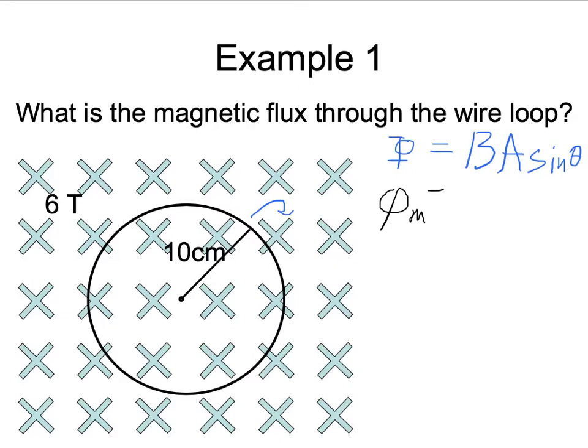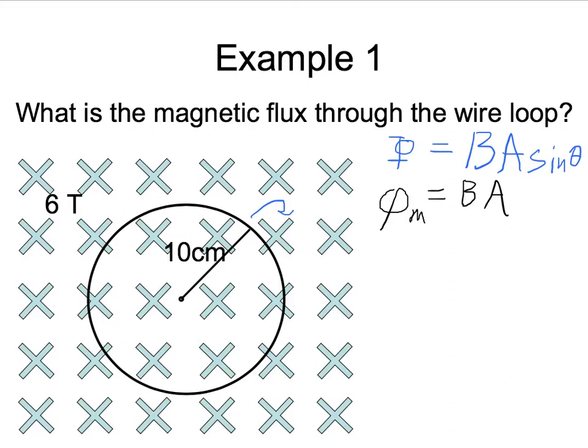And since there's no angle between the surface and the field, because we're just looking at it flat here, if there was an angle, we would have to be shown that loop getting rotated around. And so we'll just do the strength of the field times the area the field passes through.